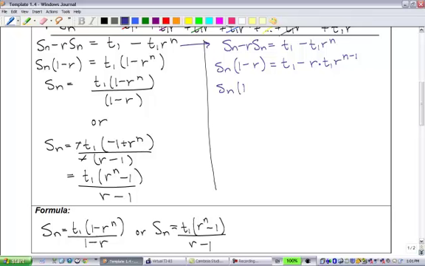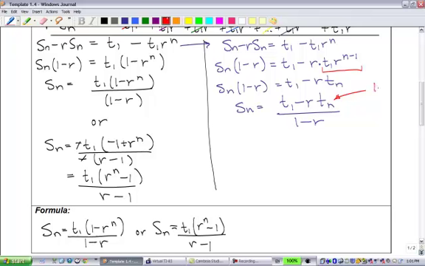Sn (1 minus r) stays the same, T1 is the same, r is the same. Notice now though that T1 times r^(n-1), what does that look like? It looks like the general equation for the last term in the series, Tn. So solving this for Sn, we get (T1 minus r Tn) over (1 minus r), where that Tn is the last term.